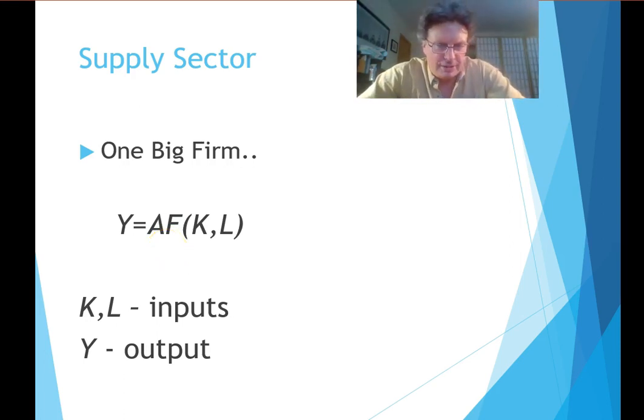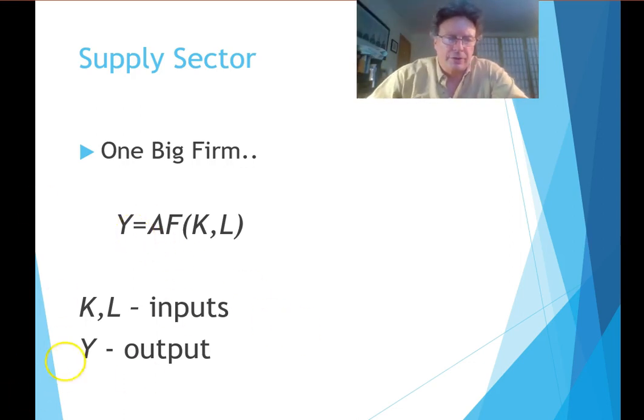This is the starting point for most discussions in macro, just a production function here. So the F is the function, and the K and the L are the inputs. That's capital and labor. Everybody knows what labor is. That's the number of people that firms hire, and capital is really everything else.